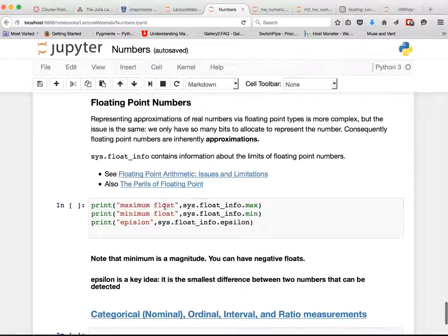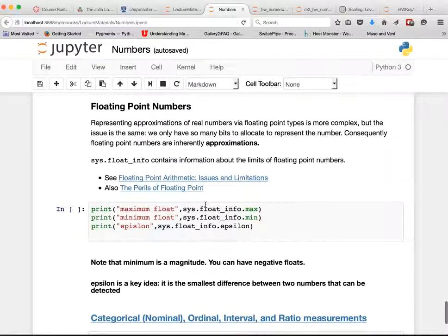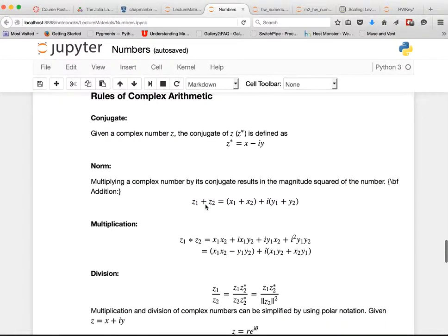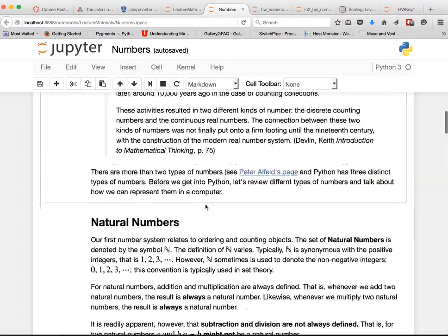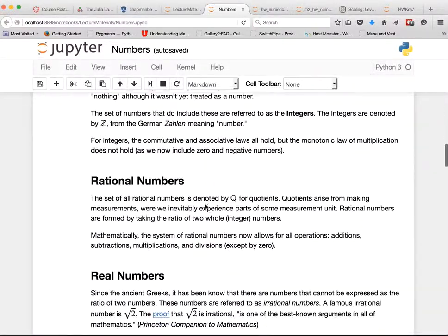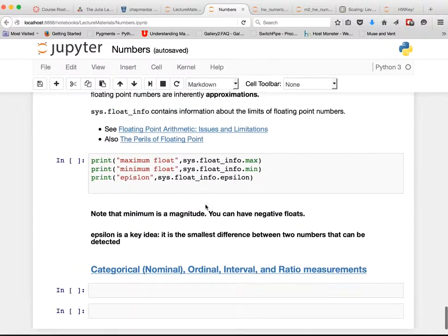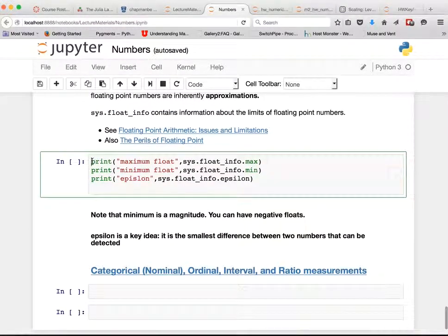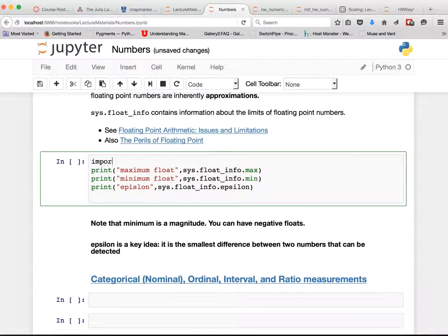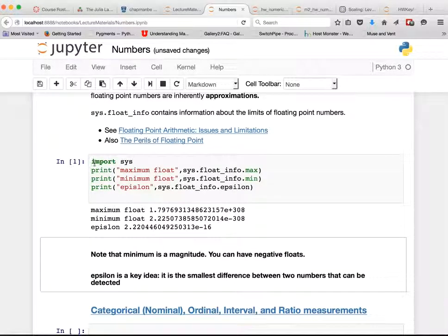Python provides some variables that allow us to determine the nature of the approximation. Just like we had a maximum size, I need to have an import sys here.